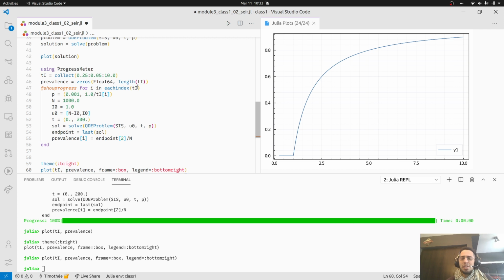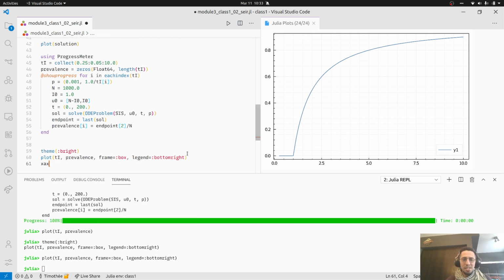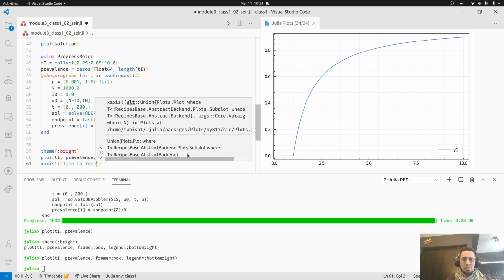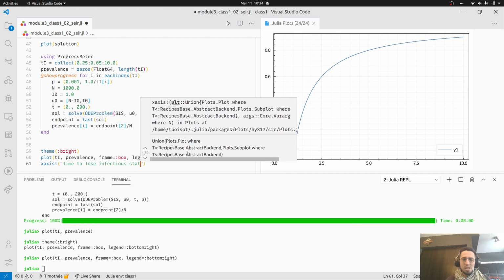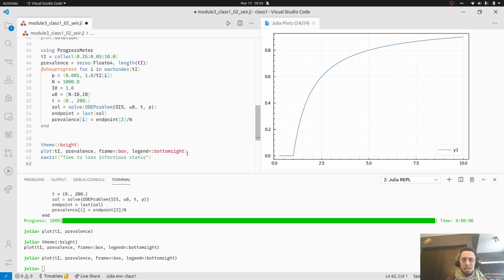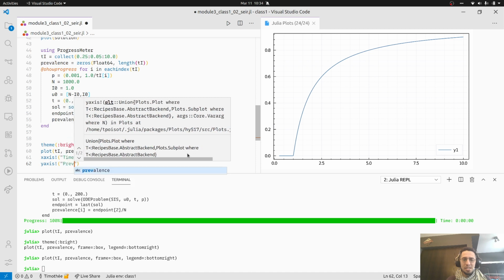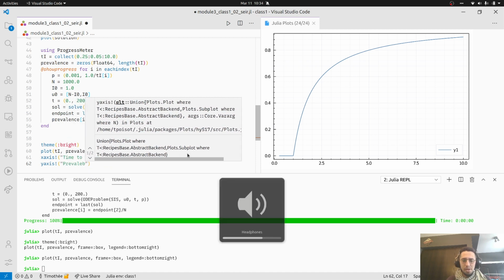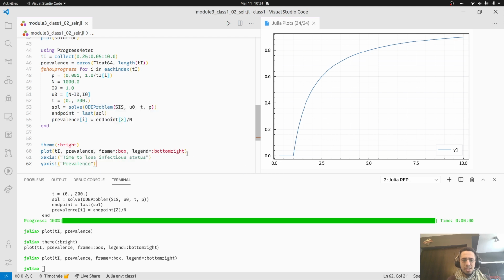And so, what we see here, let me add the correct axis names. What we have here is time to lose infectious status, and the y-axis is prevalence.